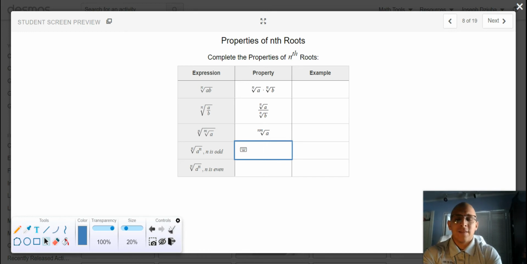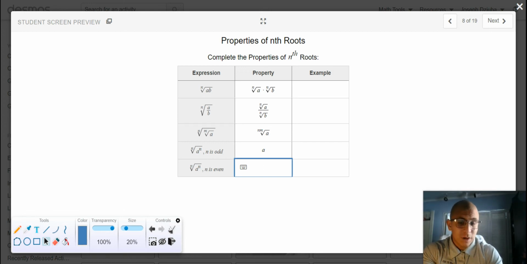Okay, and in this case, when we have the nth root of a to the n, if n is odd, so we're talking about the cube root, the fifth root, the seventh root, our value here would simply be a. If you have a to the fifth, you want the fifth root of that. If you think about exponentials and radical functions, they're inverse operations.